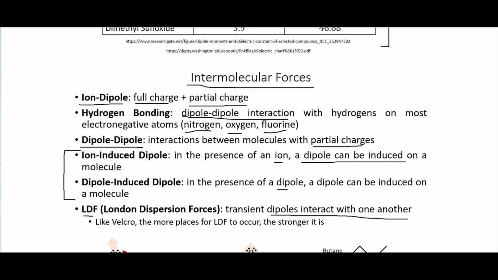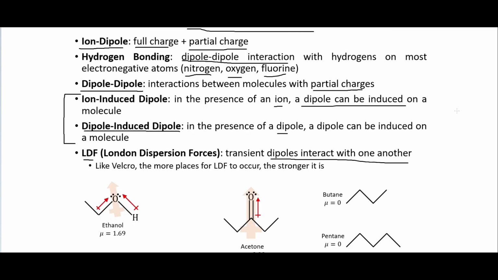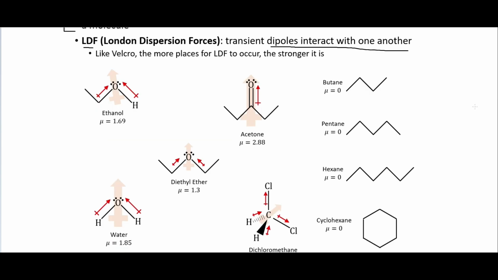So in a way, they are sort of dipole-induced dipoles, the weakest version, because they are transient dipoles inducing transient dipoles in other molecules.